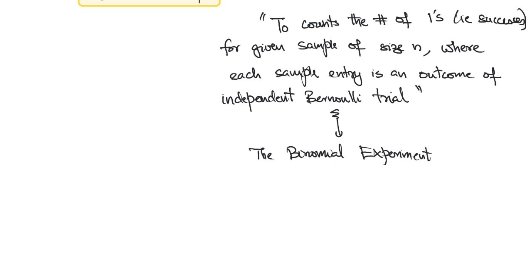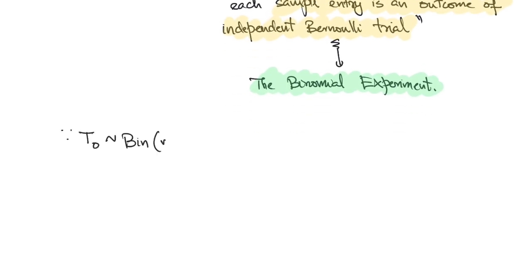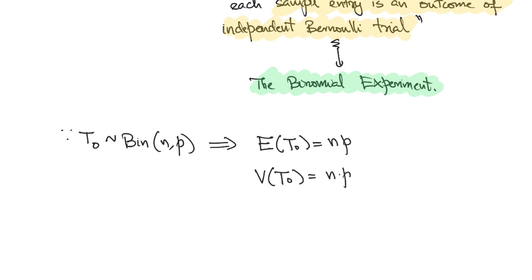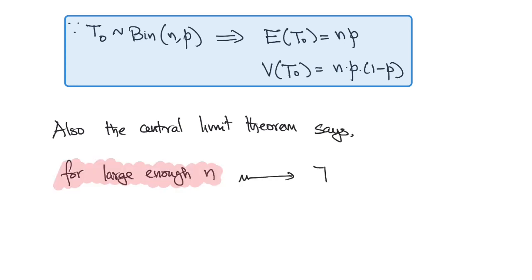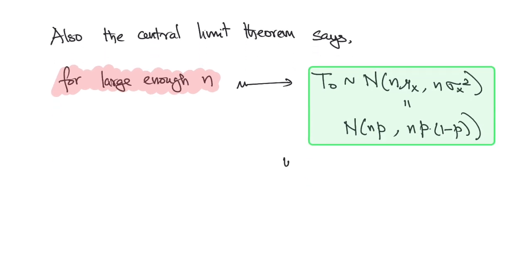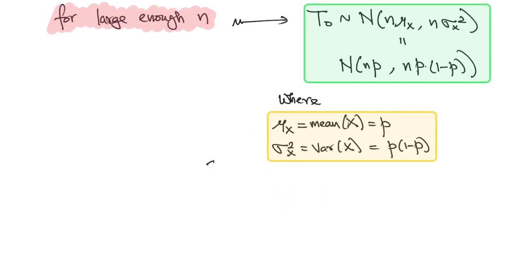Now, since the sample total has the binomial distribution with parameters n and p, the expected value of the sample total ends up being n times p, and the variance is n times p times (1 minus p). Also, the central limit theorem says that if n is large enough, the sample total will be normally distributed with mean n times mu_X and variance n times sigma_X squared, where mu_X is the mean of X, which equals p, and sigma_X squared is the variance of X, which is p times (1 minus p).